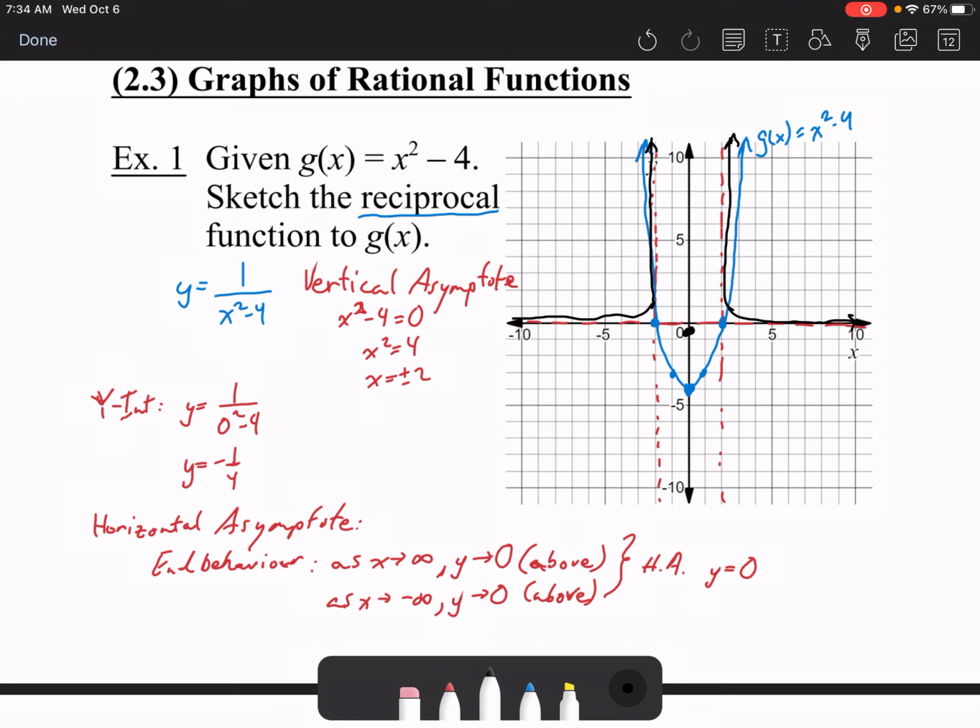The last part, in between -2 and 2, is where our original function g of x was negative, so our reciprocal will also be negative. It'll only cross at values of -1 when the original function was -1. And again, get close to these horizontal and vertical asymptotes. And this black function that we've drawn right now would be our reciprocal function.